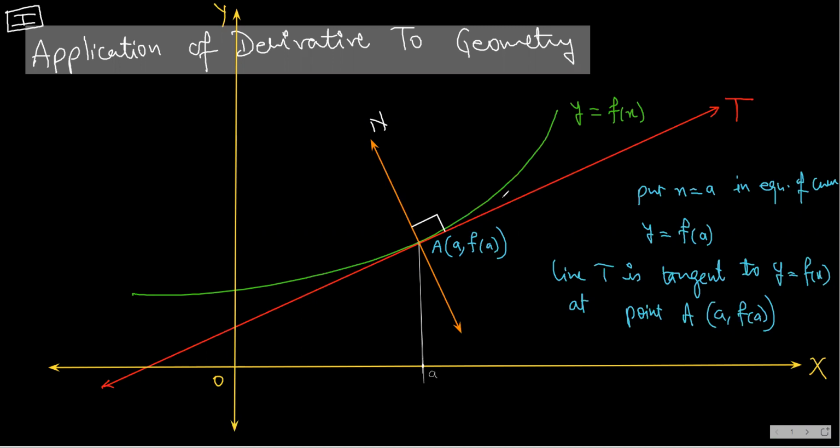It is known as the normal to the curve y equals f of x at point A. So here I will write line N is normal to y equals f of x, that is the curve. It is normal to the curve y equals f of x at point A comma f of A.